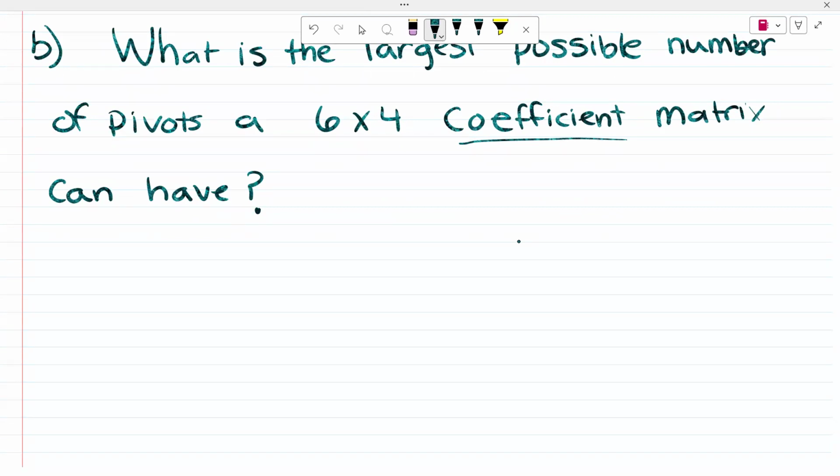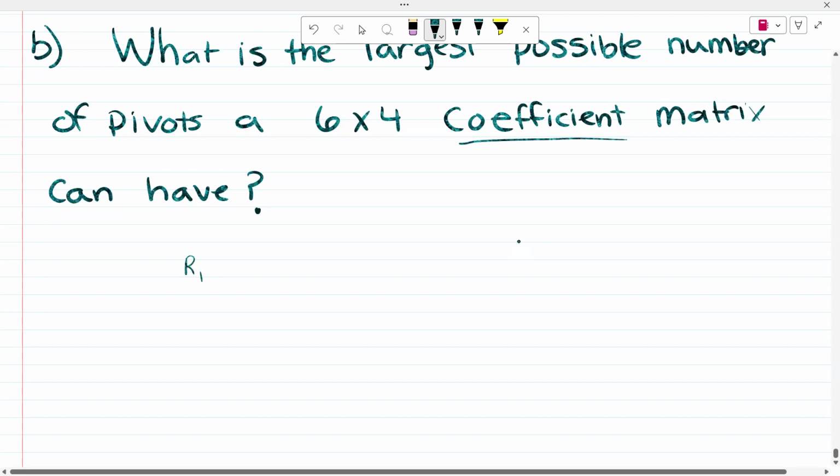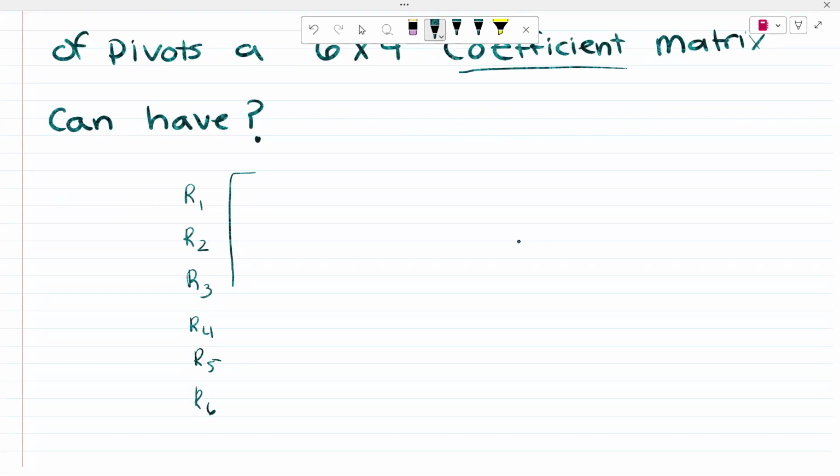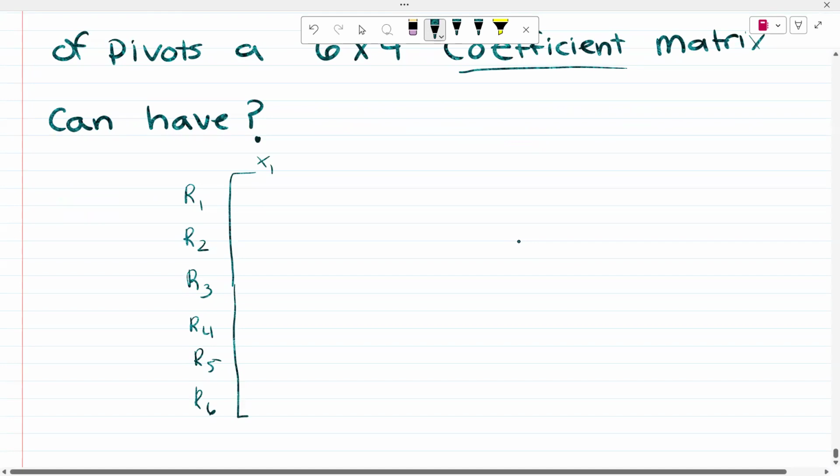So this would be 6 rows, 1, 2, 3, 6, right? And because it's a coefficient matrix, not an augmented, the last column would be numbers. So it's actually 5 columns. That makes sense. So this would be column 1, column 2, column 3, column 4, and then a vertical straight line. And then this would be numbers, right?